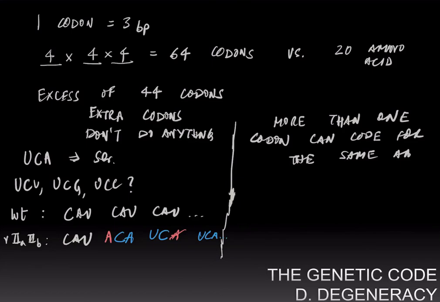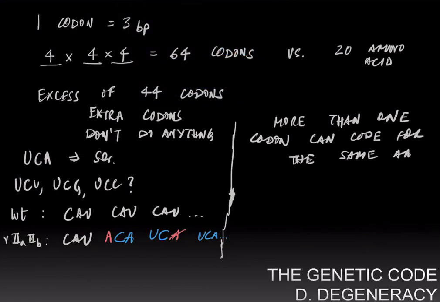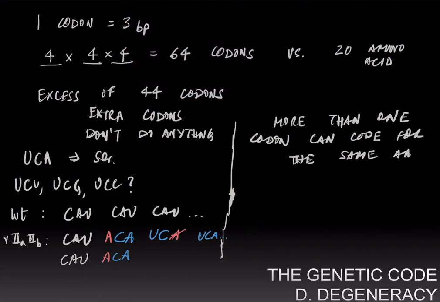And this results in triplets of the following form: CAU, ACA, UCU, and then CAU, and so on.